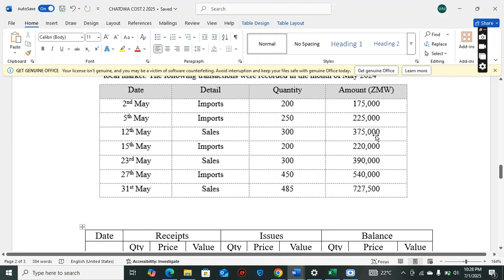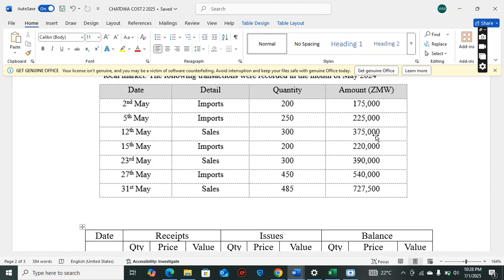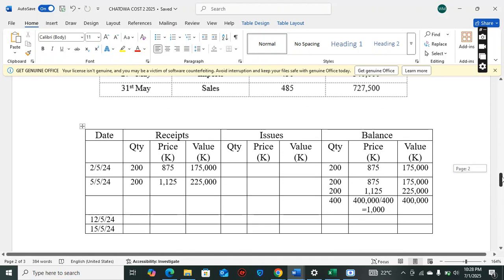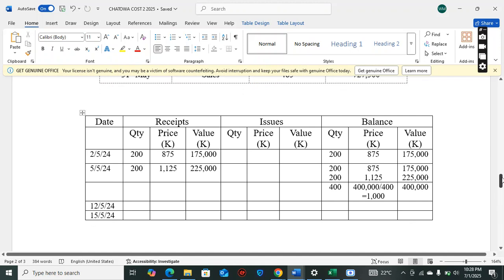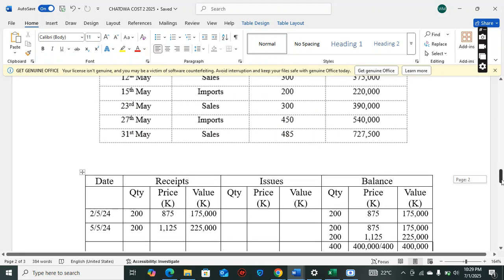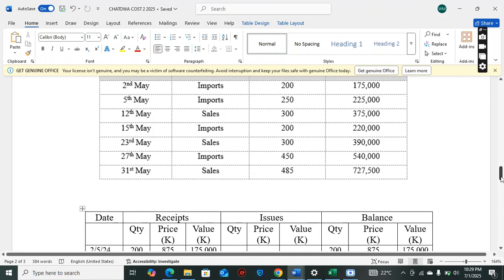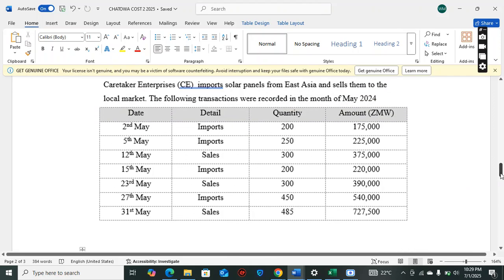Now remember, in inventory valuation, we are valuing the inventory at its cost. So this amount we made from sales, we only use it when we're trying to tabulate gross profit.